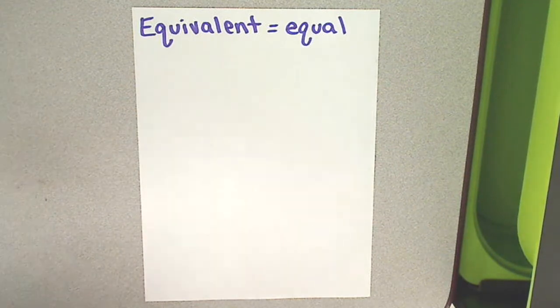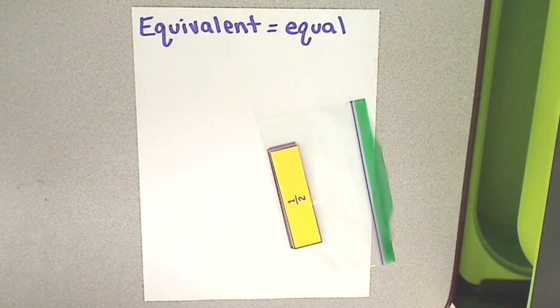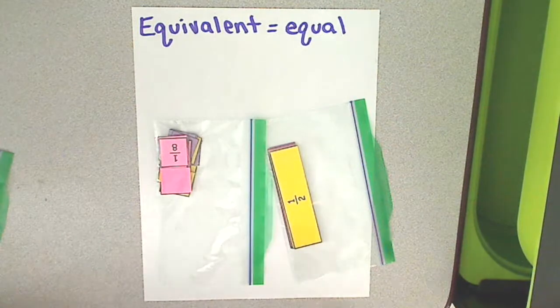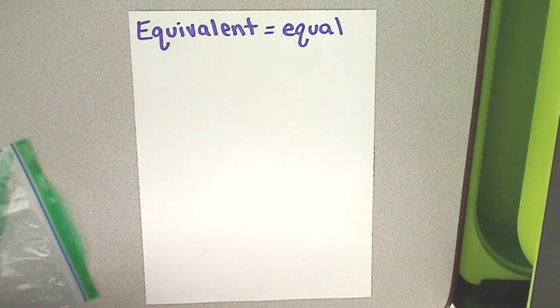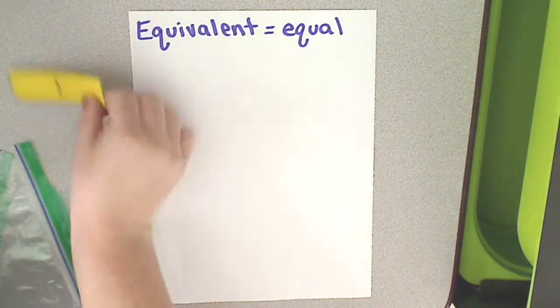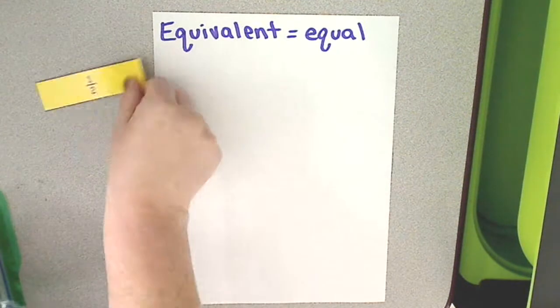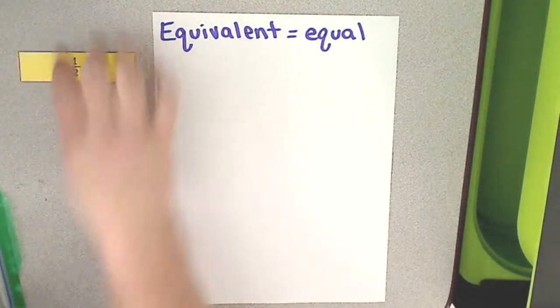So let's start off with the multiplication side of things, because generally that's going to be a little easier to understand. And so I need my halves and my eighths. So I've got those two sets of fraction pieces. And we're going to be looking at the fraction 1/2. I'm going to move my notes page over here.